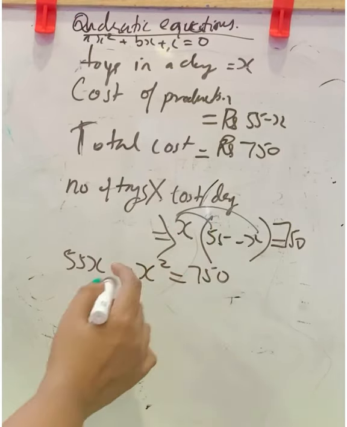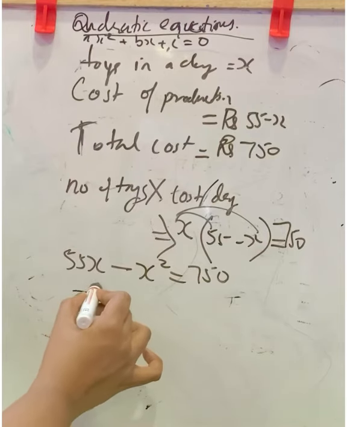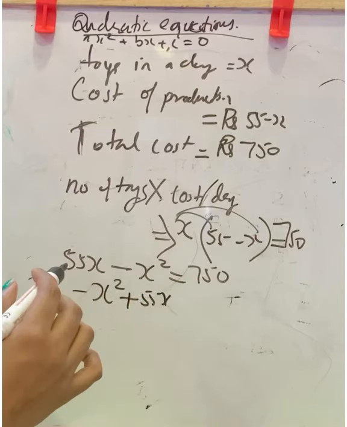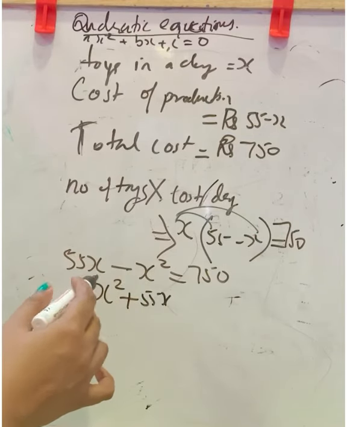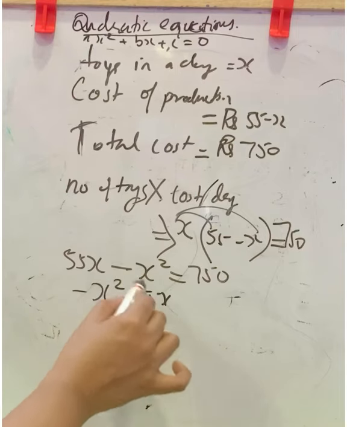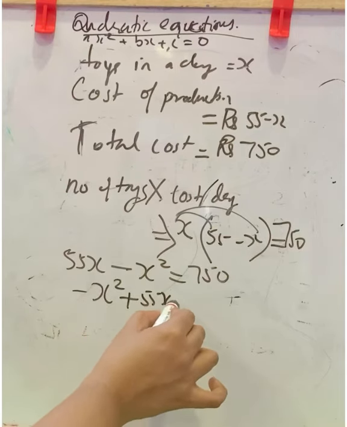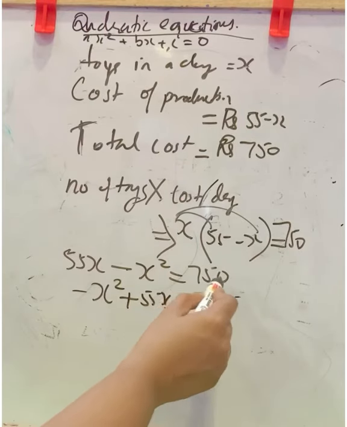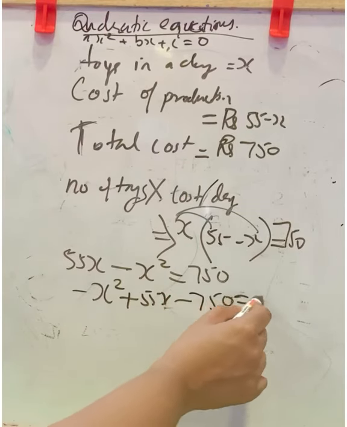Let us rearrange this. It can be written as negative x square plus 55x. The general form is ax square plus bx plus c, so first we write the x square term. Here it is negative x square plus 55x equal to 750, and taking 750 to the LHS it becomes minus 750 equal to 0.